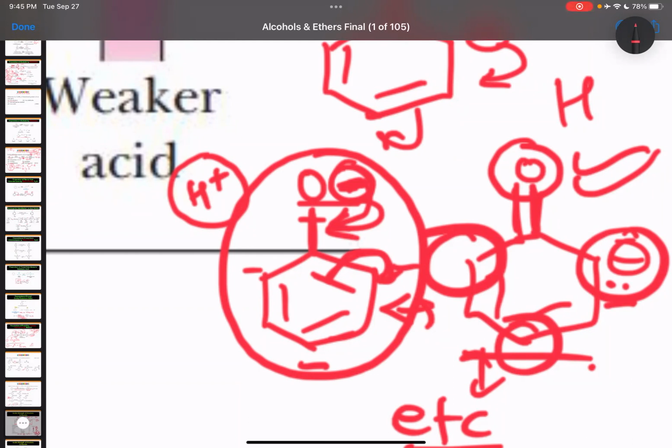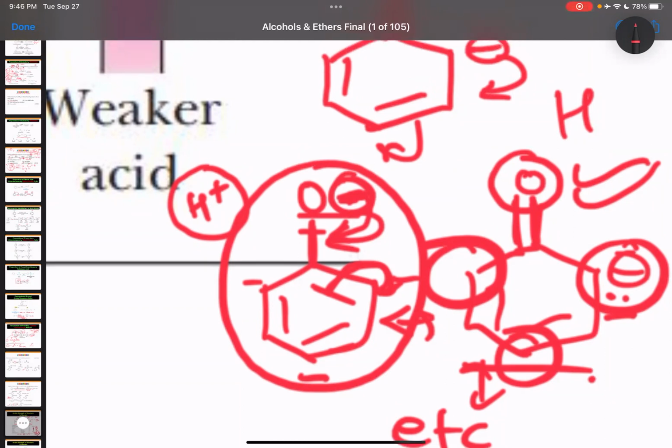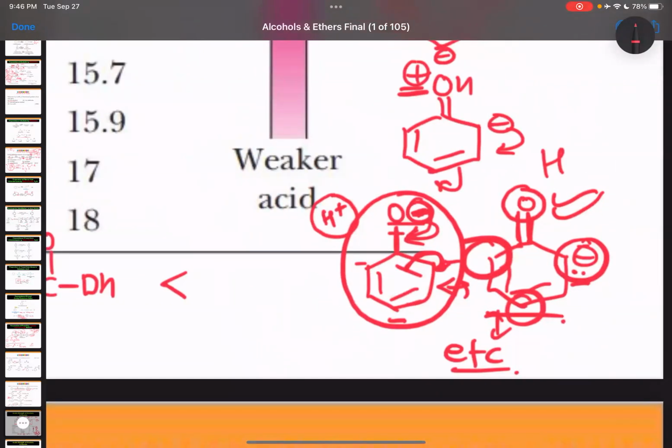It will be less, because the negative charge is dispersed. And that is the reason why phenol is more acidic than water.